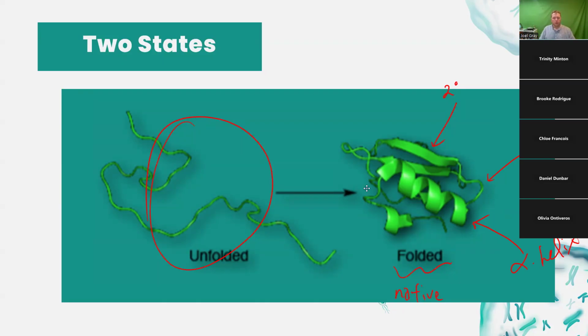Okay, so our folded and our unfolded states. We want proteins to be properly folded because then they can carry out their function. Now, this is the first time where I want to draw a connection between structure and function.